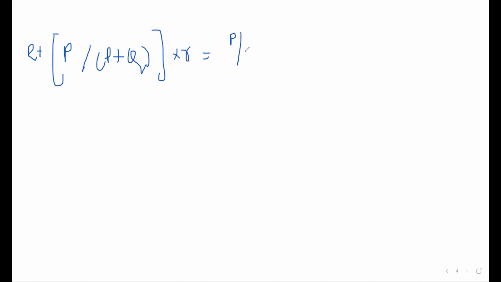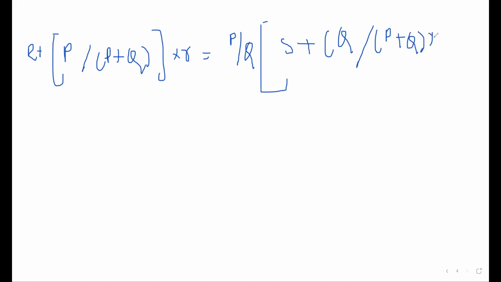R plus, in bracket, P divided by P plus Q multiplied by small r, that is equal to P by Q, in bracket, S plus Q divided by P plus Q multiplied by small r.